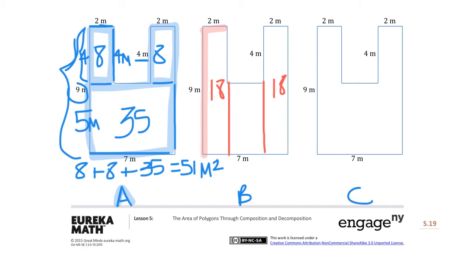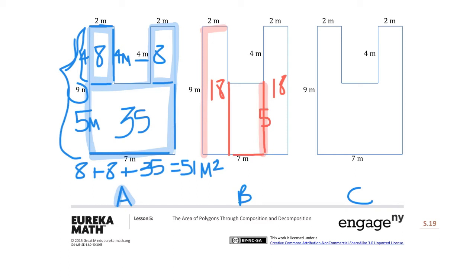Now, the one in the middle, I have to figure out what its measurements are. Again, I have to first figure out how tall is it. Well, if the total distance from the very top to the very bottom is 9, and the section above it is 4, I know that this section, that line is 5.